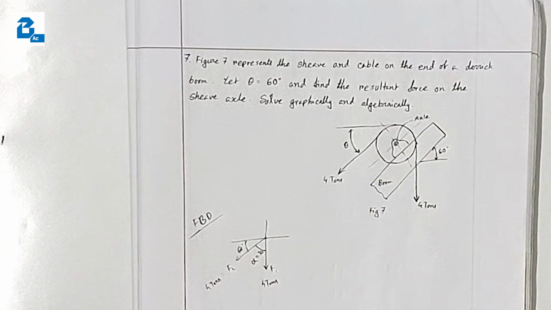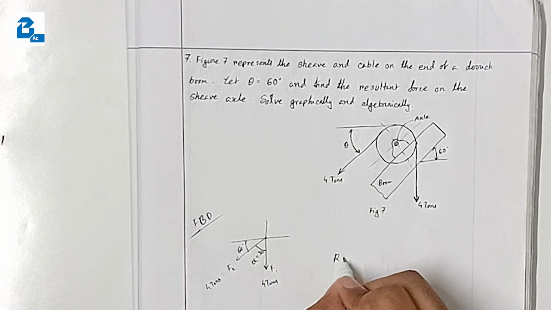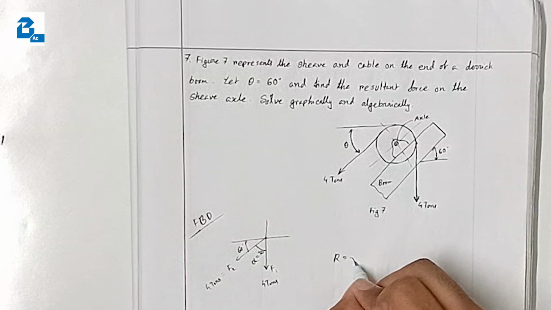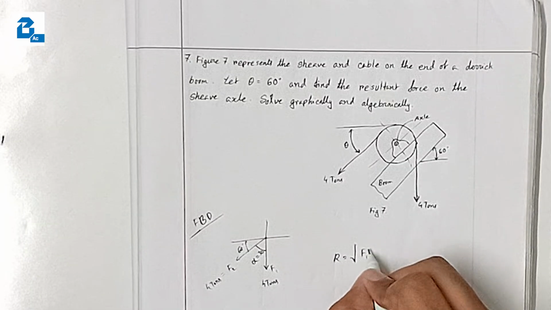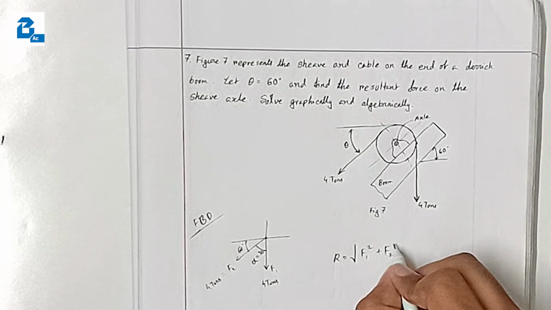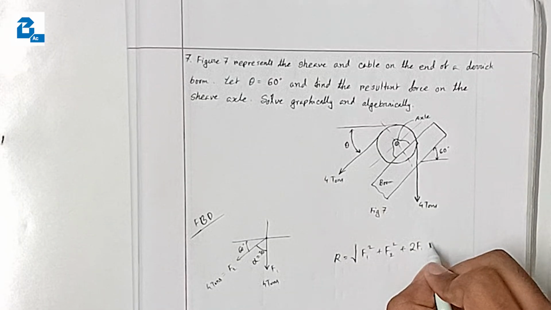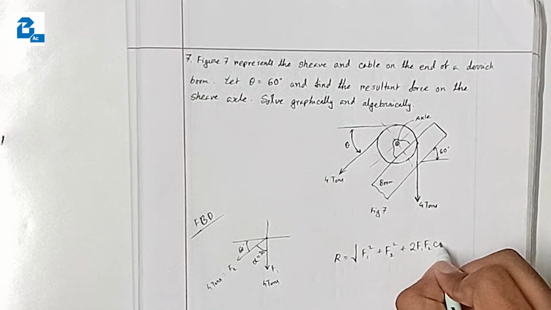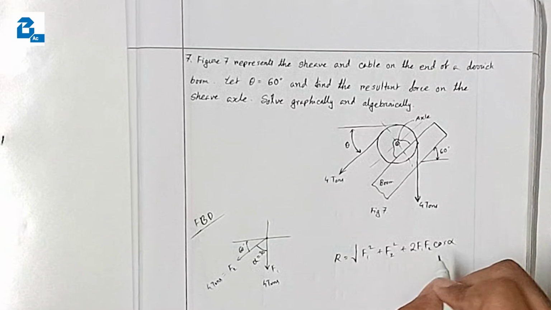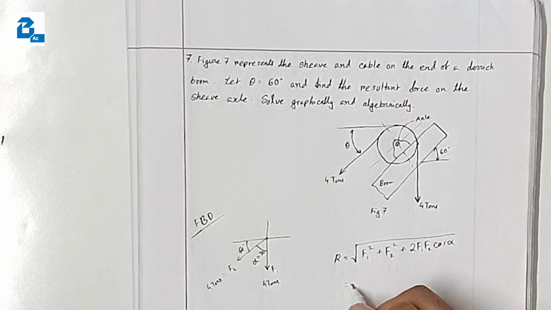So if you want to solve it, first let's find the magnitude of the resultant, which would be R equals root over F1 squared plus F2 squared plus 2 F1 F2 cos alpha, and let's put the values in.